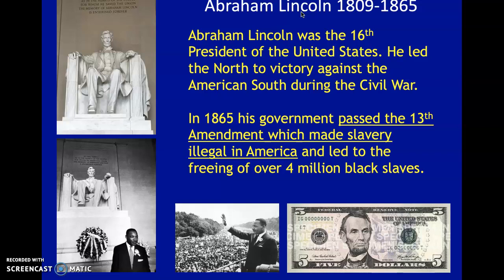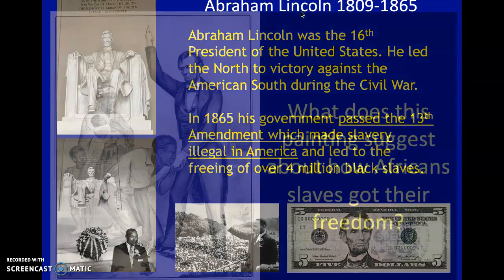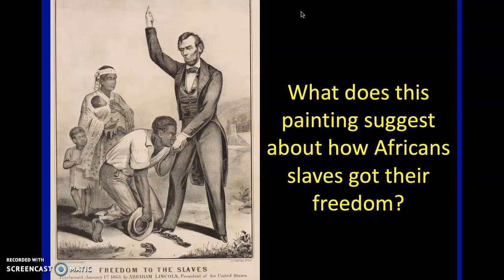Some details here about Abraham Lincoln. I'll give you a chance to read that. And this famous image of Abraham Lincoln after his famous proclamation in 1863, the Emancipation Proclamation.